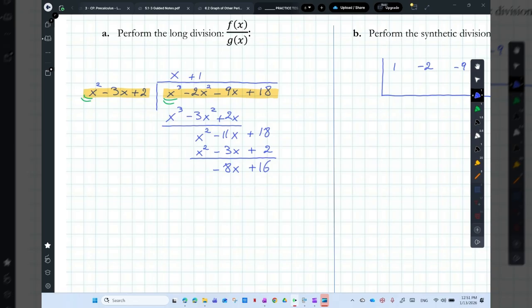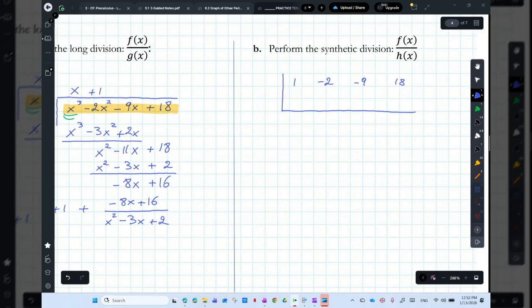Then do not forget to conclude. F of x over g of x would be equal to my quotient, x plus 1, plus my remainder, negative 8x plus 16, over the denominator, x squared minus 3x plus 2.